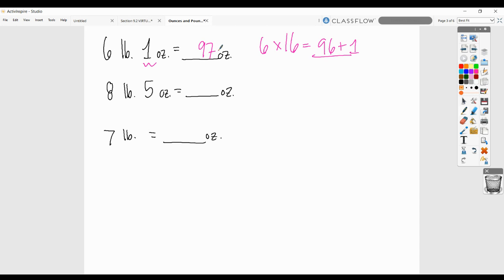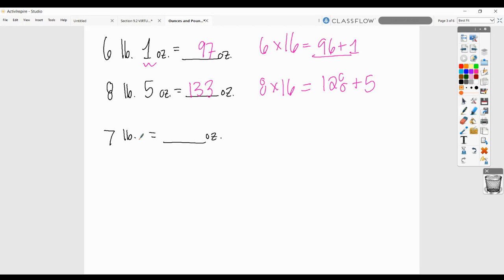Next, 8 pounds, 5 ounces. Put it all in ounces. So 8 times 16 is 128. We're going to add 5 more ounces on. 133 ounces.